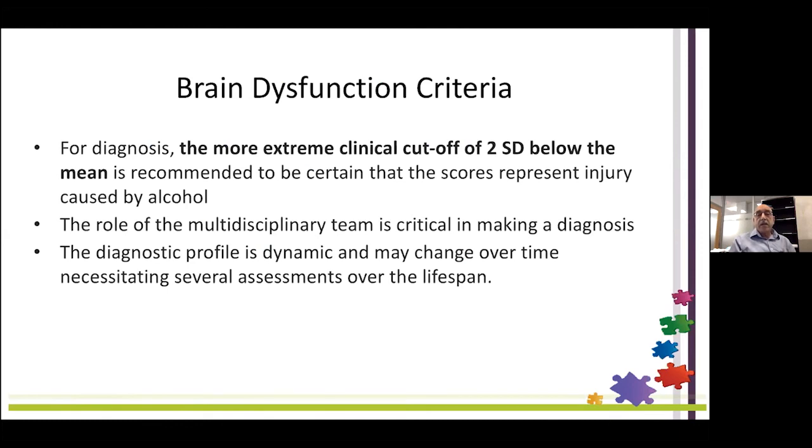As I look at the prenatal and postnatal factors later on, you'll see that there are so many other factors that could be contributing. So it's important that the team plays that critical role in making that assessment of those brain domains and interpreting the results and making that diagnosis.